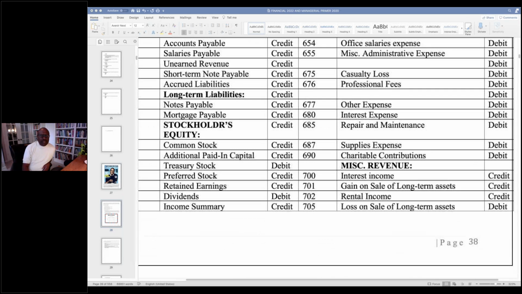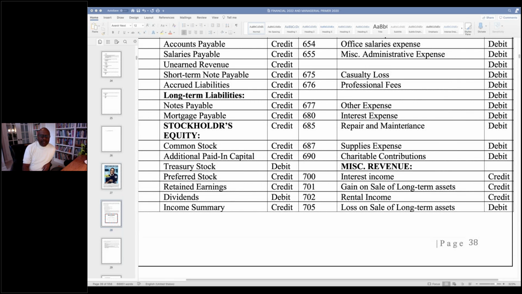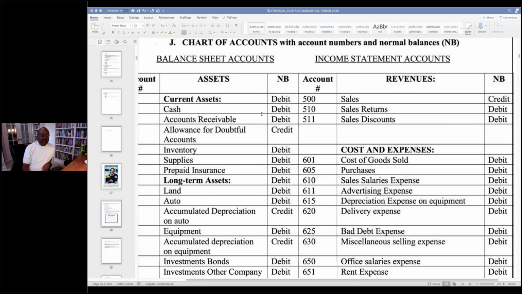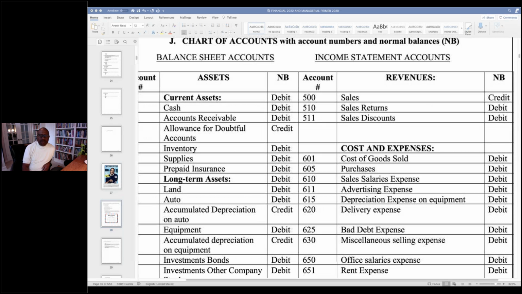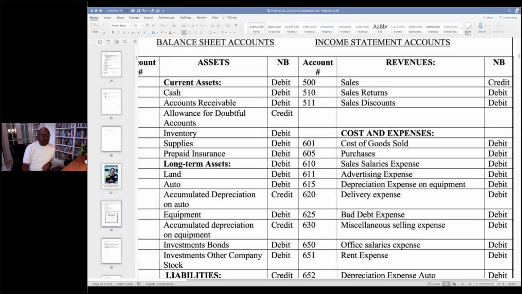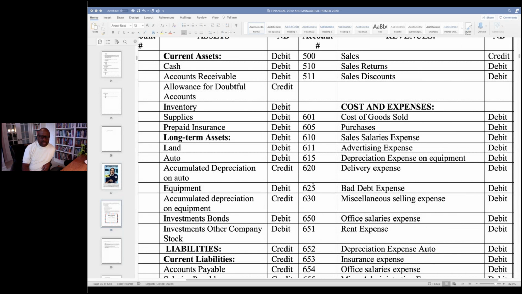So you put it in if an occasion came up like that. But in general, you have to use the accounts here. Make sure when you're making journal entries, you're using the accounts and the account numbers.